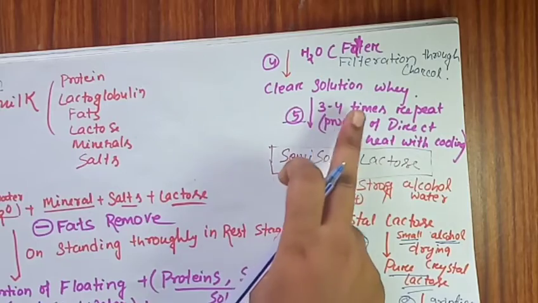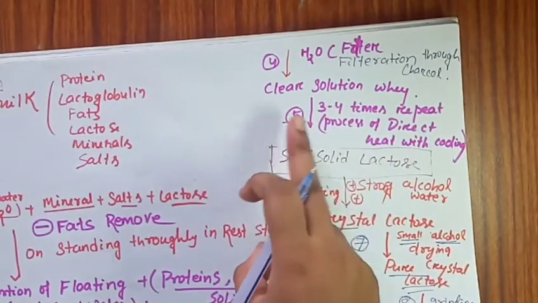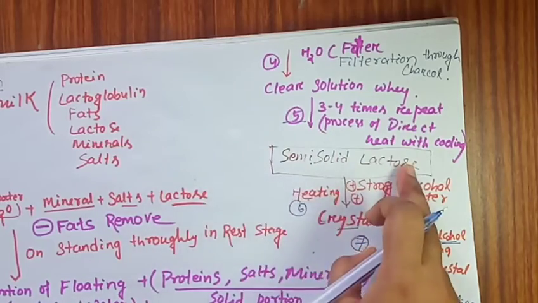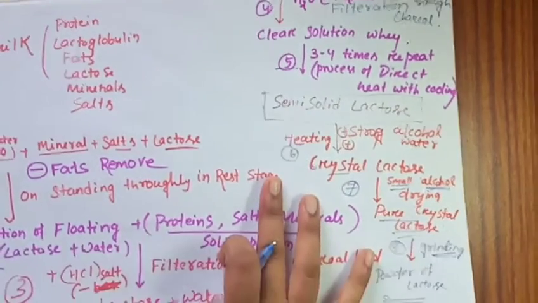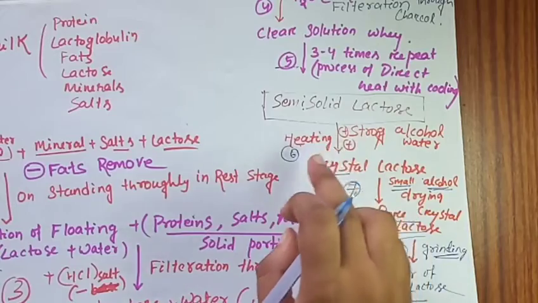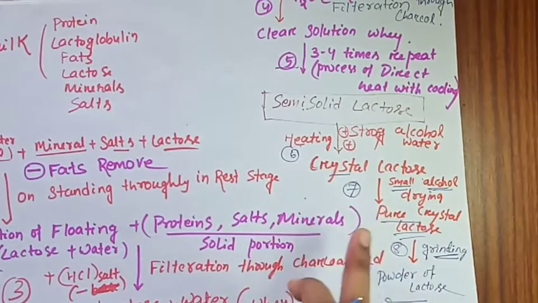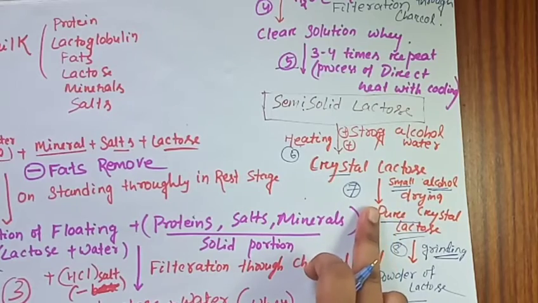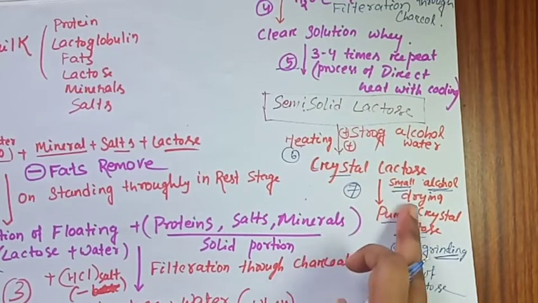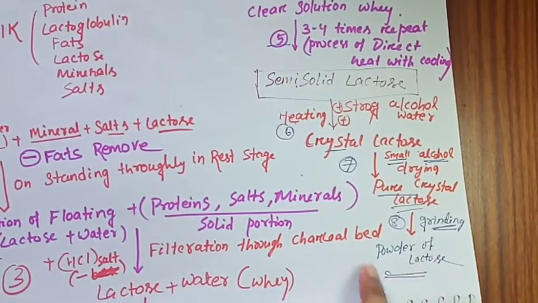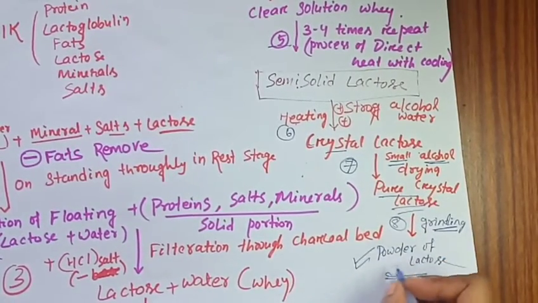Then we repeat the process by adding more heat with cooling, so that we get semi-solid lactose. After semi-solid lactose, we only add alcohol and heat to get crystal lactose, and from crystal lactose, adding small alcohol with drying, we get pure crystal lactose. Then after grinding we reach our destination, that is our powder of lactose.